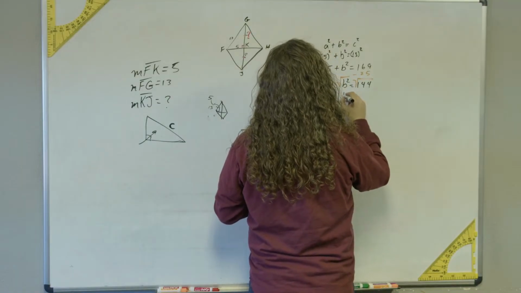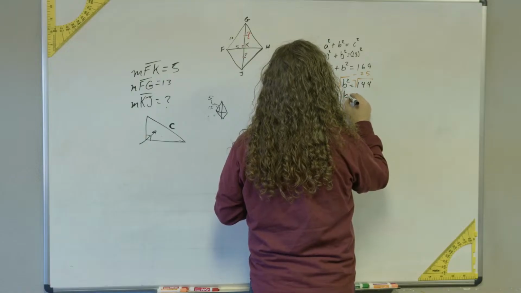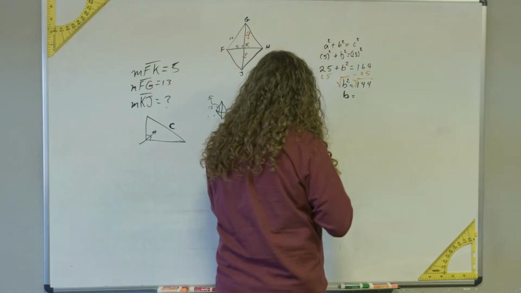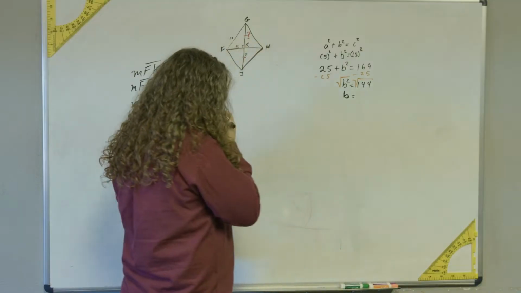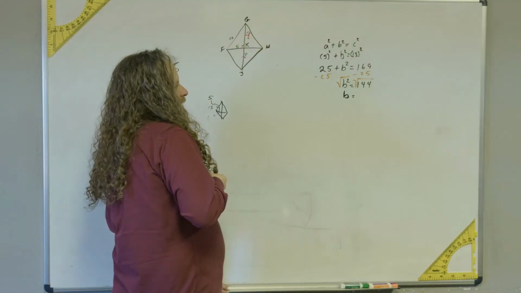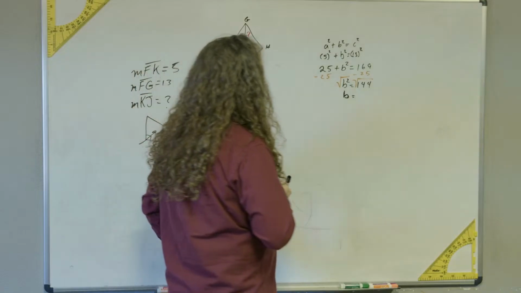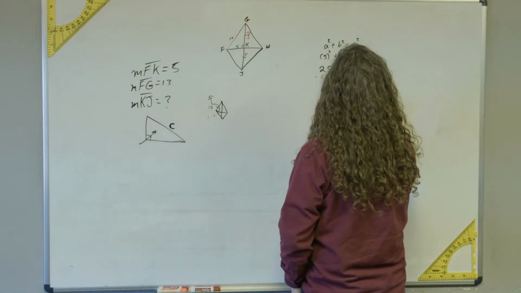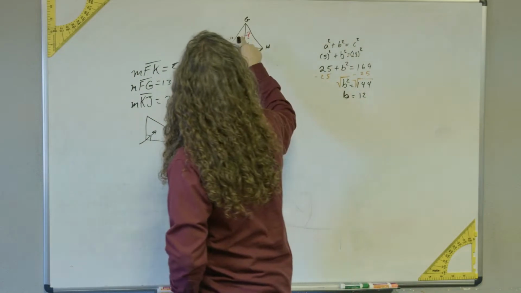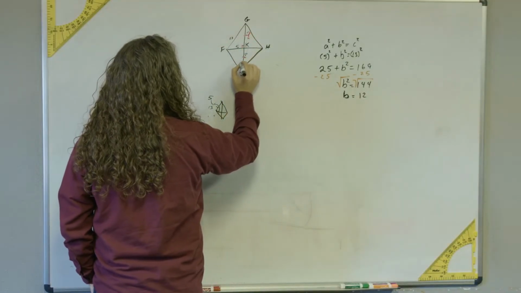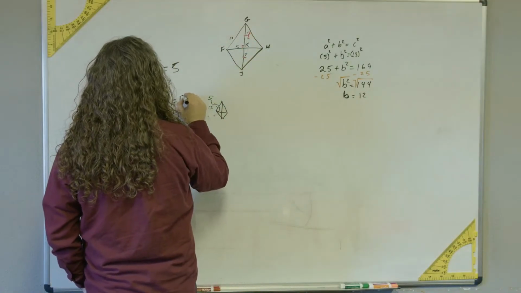We take the square root of both sides, we get plus or minus, but we're going to throw out the minus because we're talking about distance, so we take the absolute value. The square root of 144 is 12. So this one that we're looking for is 12.